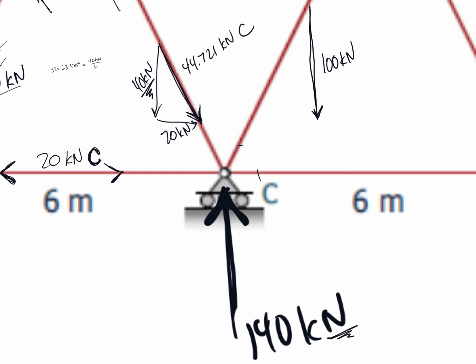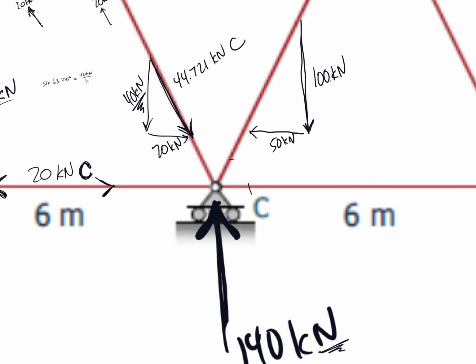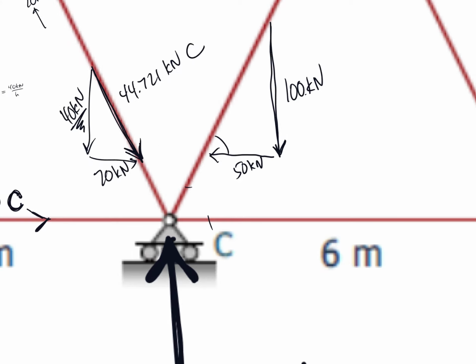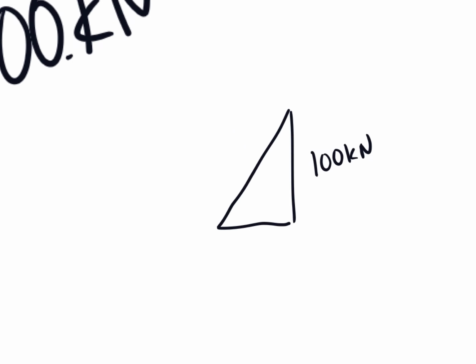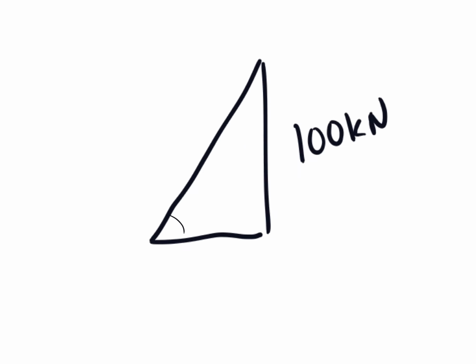Although I can tell you right now, before we even solve it, that this is going to be 50 kilonewtons, because this side is always going to be 2 times that side, because they're similar triangles. But let's go ahead and do the trig, just because some of you are happier with sines and cosines, which just shows how we've messed up as educators, because it should be much easier to solve similar triangles than to do sines and cosines, although they are all the same thing.